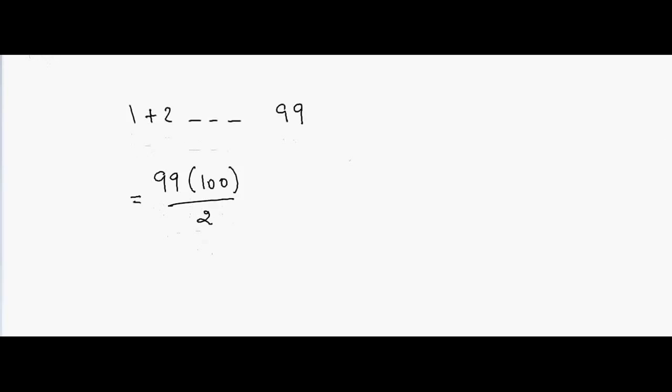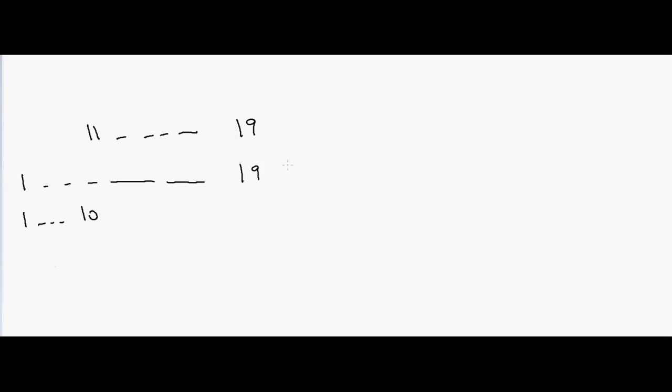Now suppose instead of 1, the number starts from somewhere else, suppose it starts from 11 and goes until 19. How will I do that? In that case, I'll first add 1 to 19, and then I'll subtract 1 to 10 from it.